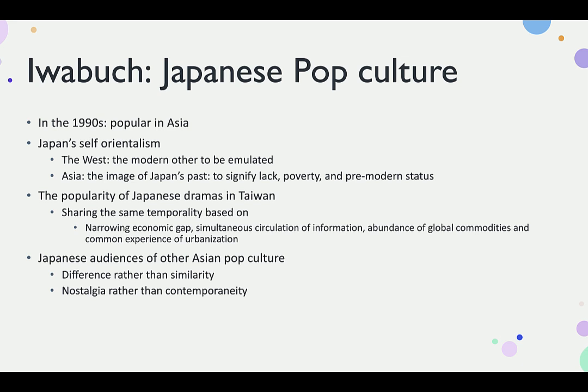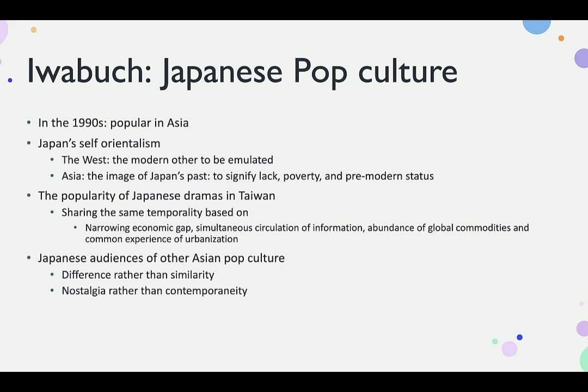Of course they are not Western people, but the West is the modern other that you want to become. But the rest of Asia is like Japan's past, before Japan became modernized. It signifies something lacking, like modernity is lacking, something poor.